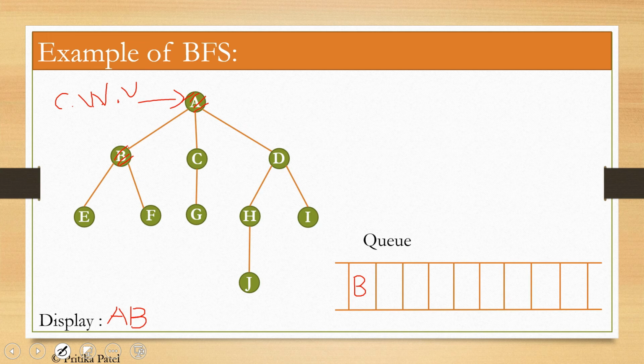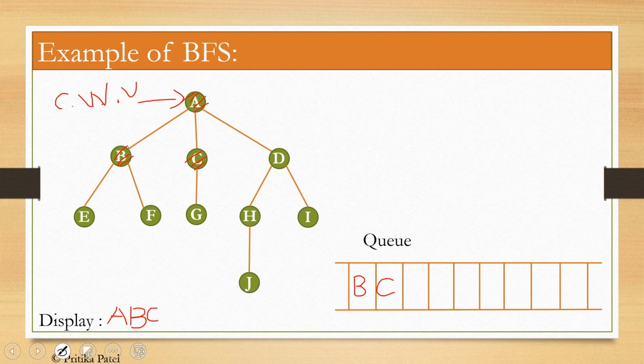Now again check whether the currently working vertex has any adjacent unvisited vertex. Yes, there is an adjacent unvisited vertex, that is C. So again visit vertex C and mark it as visited, then insert it into the queue. So again C is inserted into the queue, and displayed.